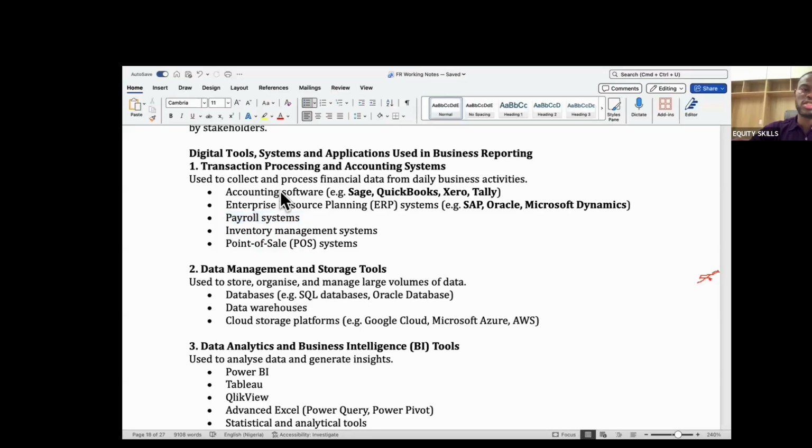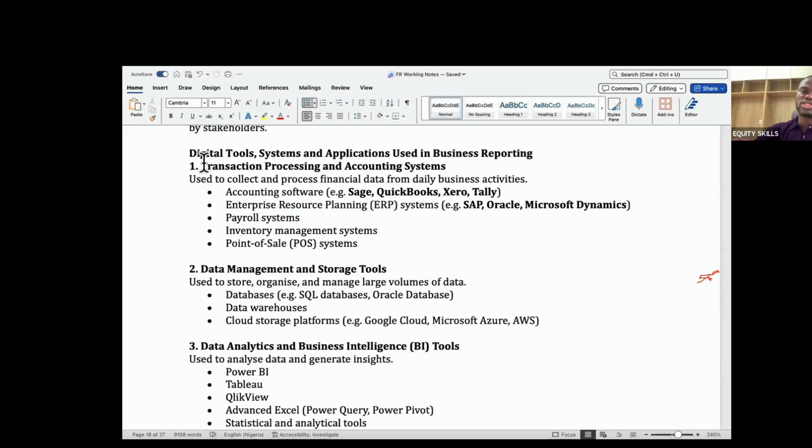And with these digital tax reforms, you'll be seeing tools that can easily help you file your returns, do your NHF, do your pension, do all that very fast. There are tools for inventory management systems, and almost all supermarkets have a POS system in front of the cashier, the attendant that would collect money from you.